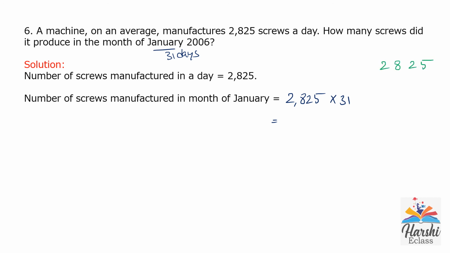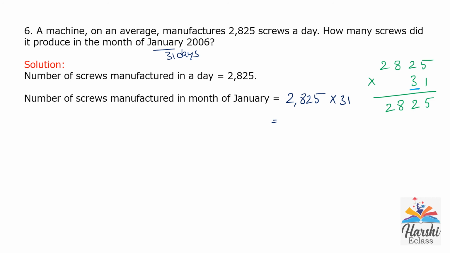2825 multiplied with 31. When you multiply the digits with 1, you will get the digit itself. 1 5s are 5, 1 2s are 2, 1 8s are 8, 1 2s are 2. Now we are going to multiply with the tens place digit.